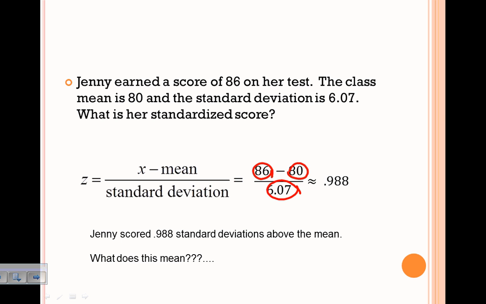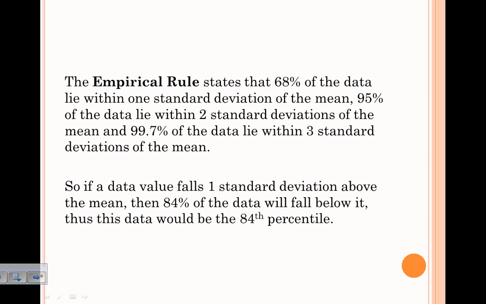So what is this kind of telling us? So I'm going to come back to that, and we're going to look at this empirical rule to help us explain it. So the empirical rule is something that states the standard deviations with normal data. So it says that 68% of the data are within one standard deviation of the mean.